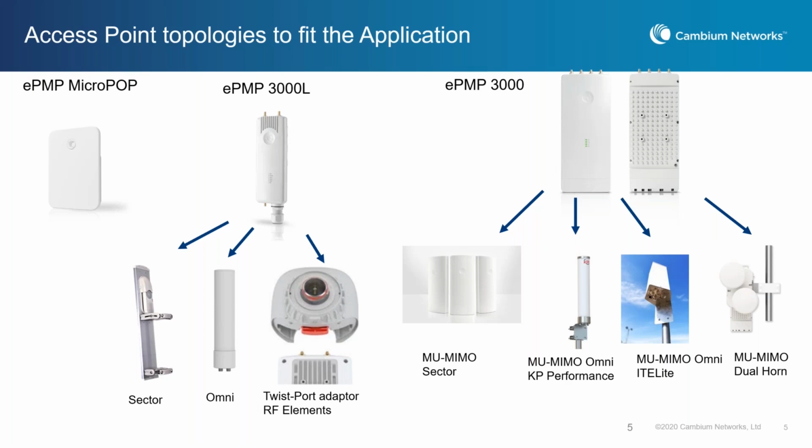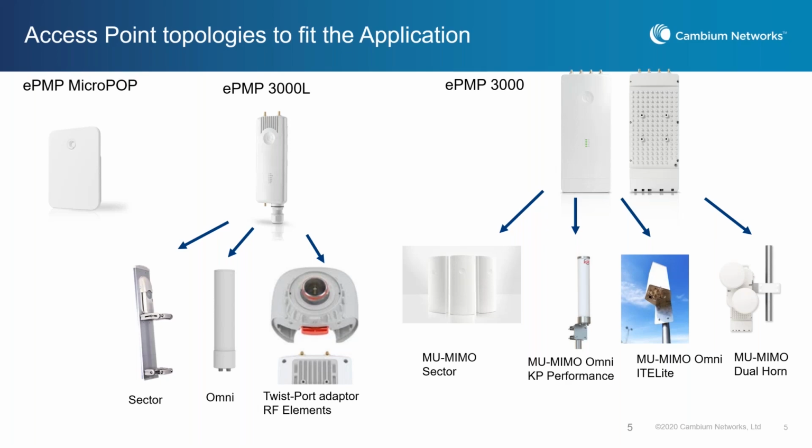This has become quite popular among 3000 deployments, where you get the advantages of the dual horn antenna pattern, with smaller side lobes. I can point that at a narrow sector and light up a small cluster of homes or businesses I'm trying to hit, and it gives you a nice small form factor and tight performance.